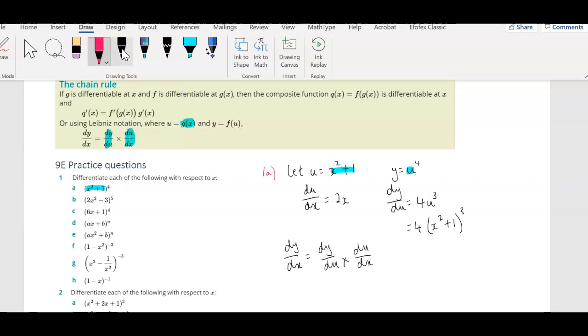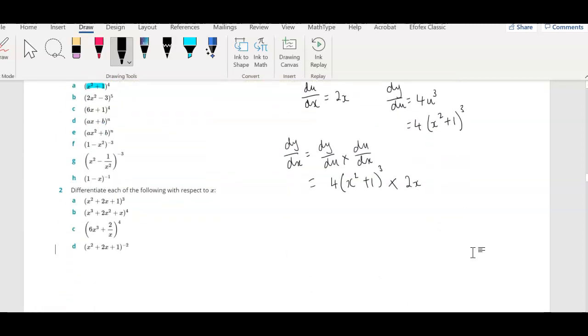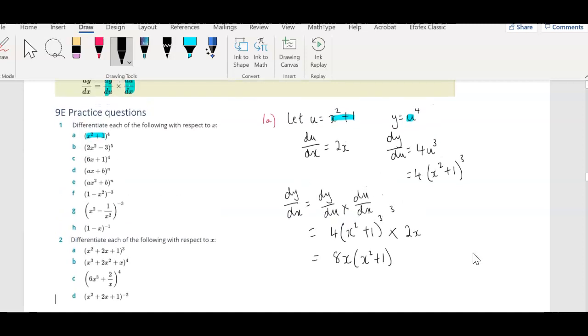I'm not going to leave them crossed though. All right, so dy du is 4 x squared plus 1 to the power of 3 times du dx, which is 2x. Now, it doesn't matter which one you put first because you're multiplying. I would actually put the 2x first because it's a little bit easier to see what you're multiplying. So 4 times 2x is 8x, x squared plus 1 to the power of 3. Okay, so that is using the chain rule.